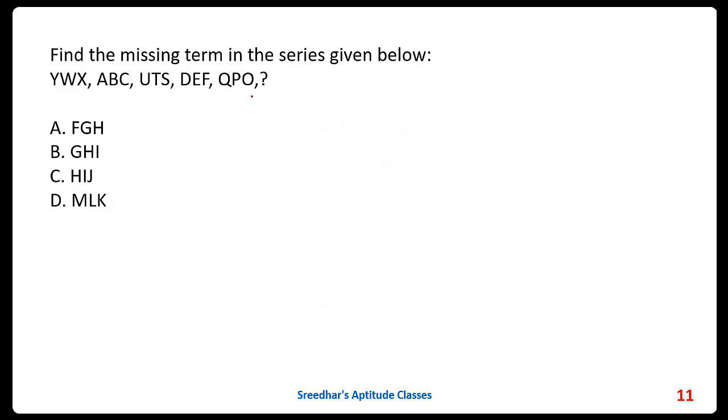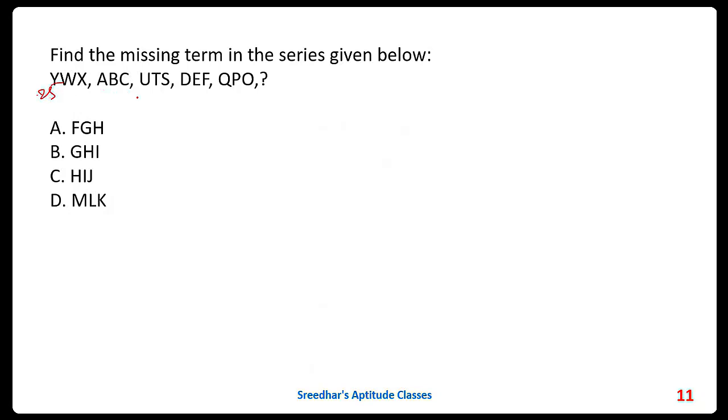This is actually from letter series. You are given a series of letters, and you are asked to find the next one in the series. So if you see here, Y is 25. I think you have to go for alternates here.